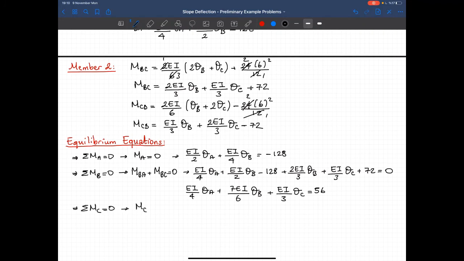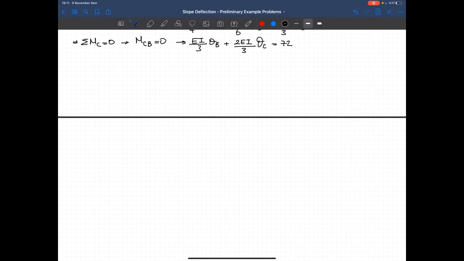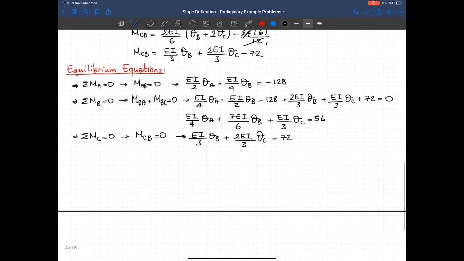So this should be MCB equal to 0. And our equation will then be EI over 3 theta B plus 2EI over 3 theta C is equal to 72. We needed 3 equilibrium equations for the 3 unknowns. Now we can solve it. Solution.